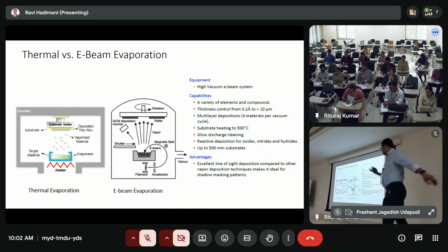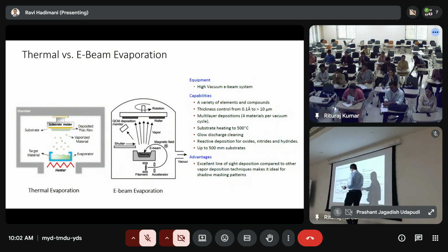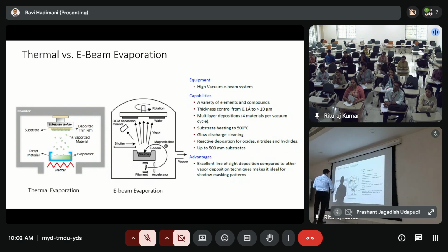In PVD we use physical parameters to make vapors, and the way we do it here, this is the operation where we basically heat the material. We heat the material to a temperature, we don't completely melt it, but at a certain temperature you start to see atoms ejecting, because this is vacuum, right?